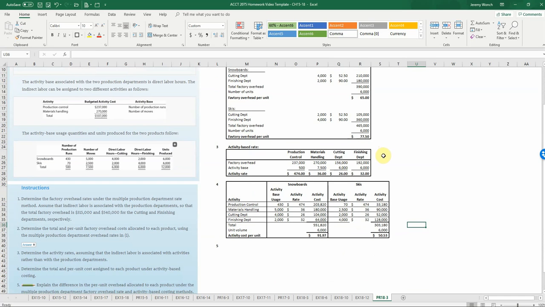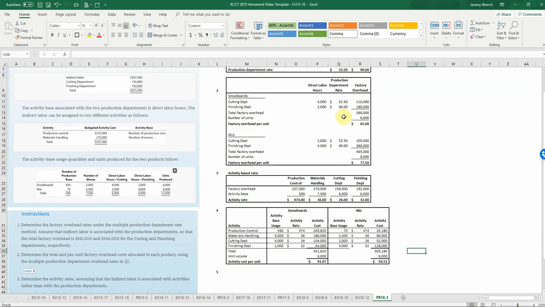If we look at the detail, the departmental rate just lumps everything together, so we can't see that. When we look down here, it's like, oh wow, when it comes to production control, snowboards have 430 production runs compared to only 70 of the skis.